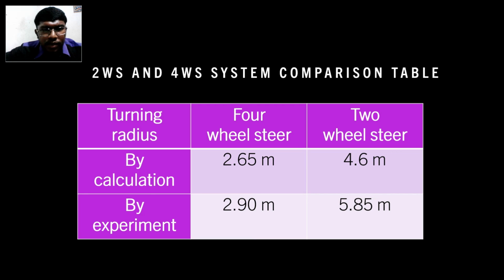And by my research on the net, for the four-wheel steering system by experiment, we can get 2.9 meters, and for the two-wheel steering system, we get 5.85 meters, which is larger.